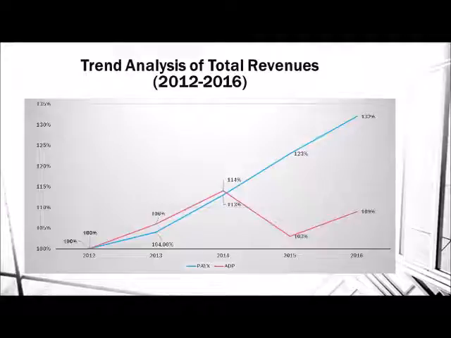In contrast, ADP was able to increase its revenue from 2012 to 2014, but it decreased in 2015 due to the fact that its revenues were affected by foreign currency translations. However, it was able to recover by 2016, when revenues increased by 7% from the prior year.